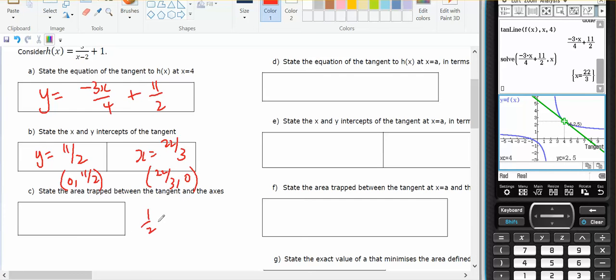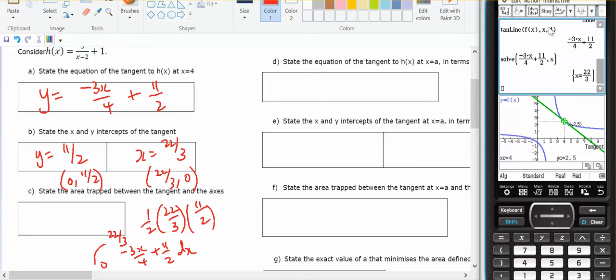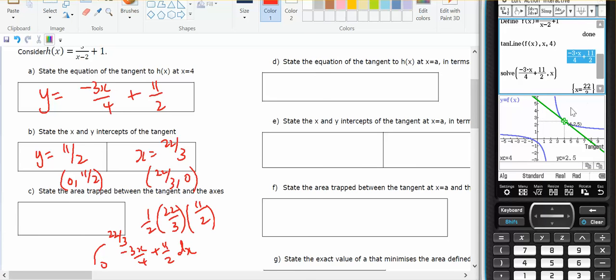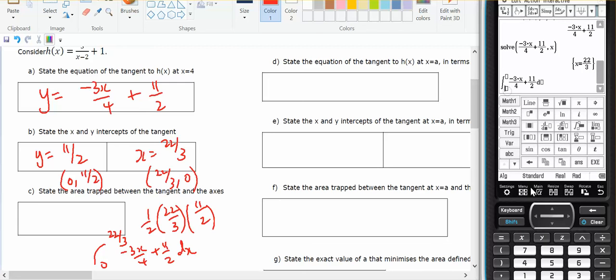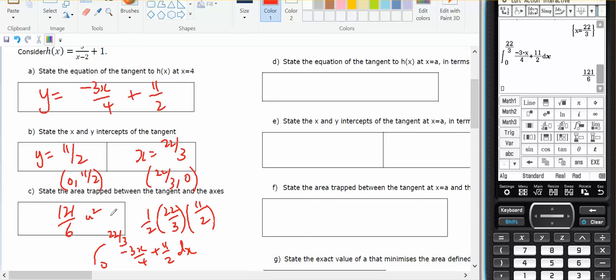I can go a half base, which is 22 on 3, times height, which is 11 on 2, or I can integrate from 0 to 22 on 3 of minus 3x on 4 plus 11 on 2 dx, and that will give me, so if I do that, 121 on 6 units squared.